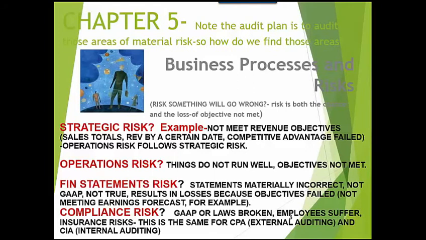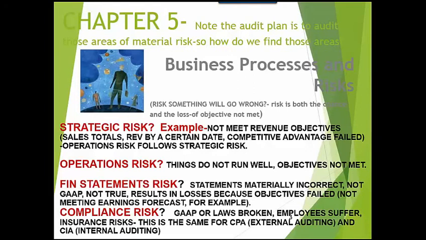Now, embedded within these processes, we also need to understand financial statement risks. Financial statement risk is certainly something that the external auditor is assessing, that the financial statements are materially incorrect, are not according to GAAP, or not a fair representation of the results.